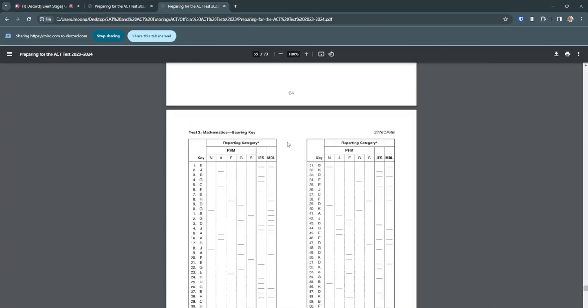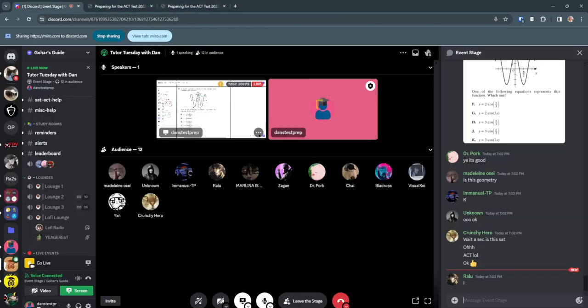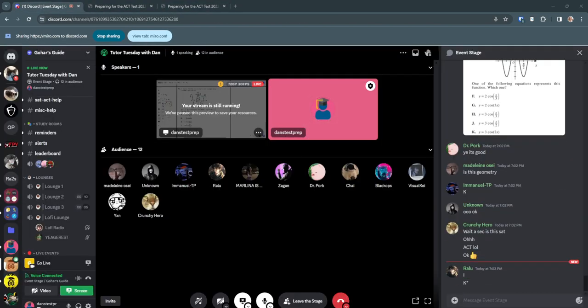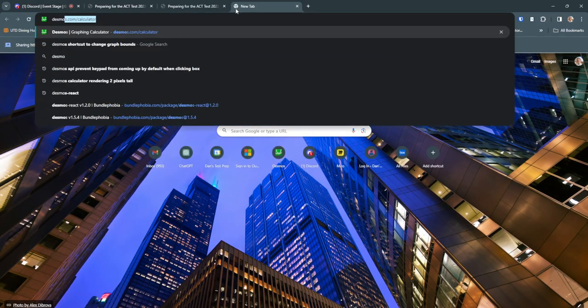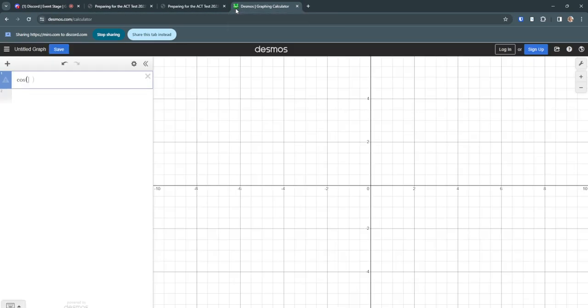So let's look at what we have here. Normally, how many units does cosine take to repeat itself? If we just graph it out, cosine of x is going to repeat every 2 pi.